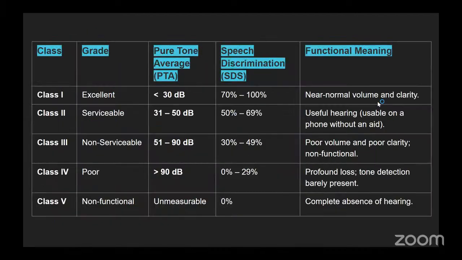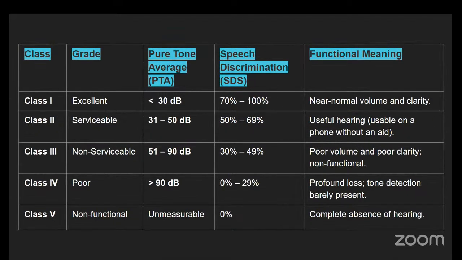This is our classification. You can see that the Gardner-Robertson scale is classified into 5 different segments. There are 5 classes. Class 1 is excellent and class 5 is non-functional. That's the easiest way to remember any classification. What do we mean by excellent?